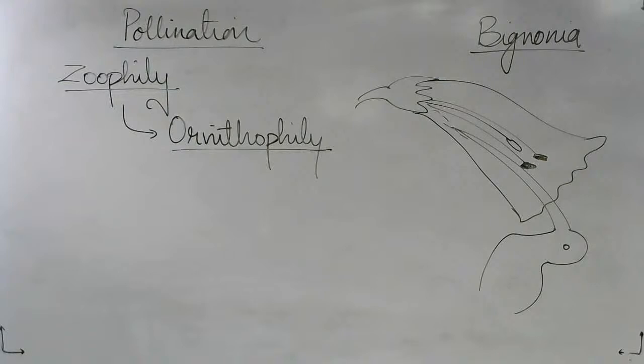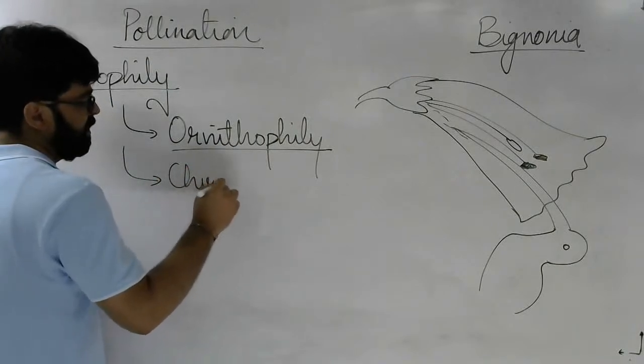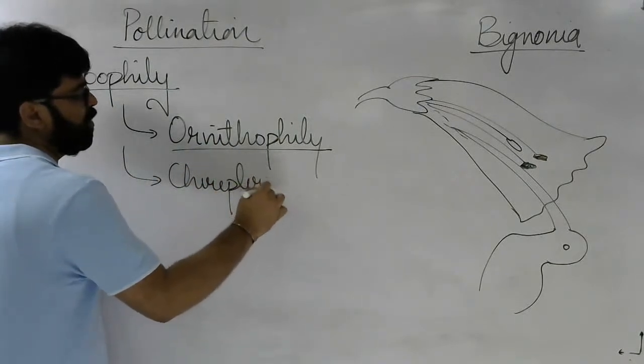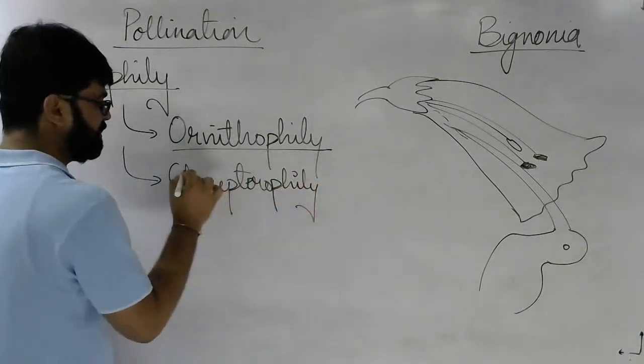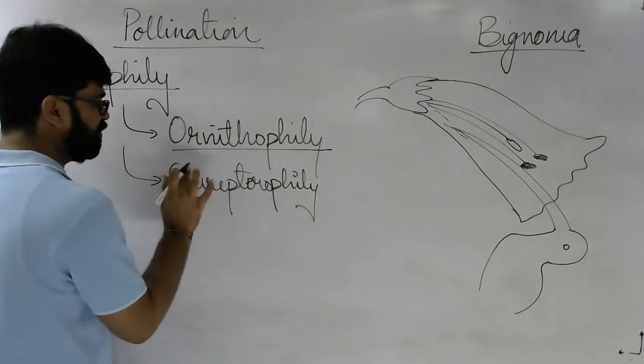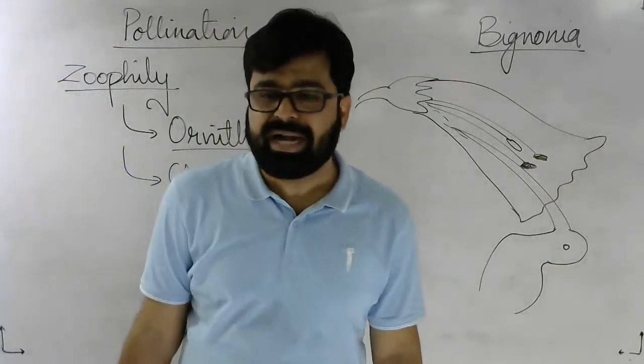Okay, now the next type is chiropterophily, which means pollination with the help of bat.